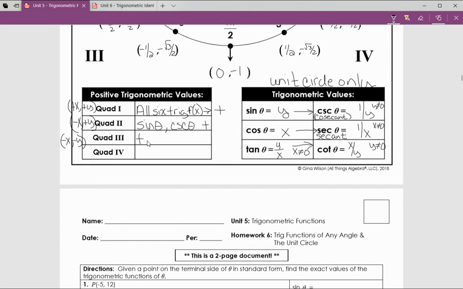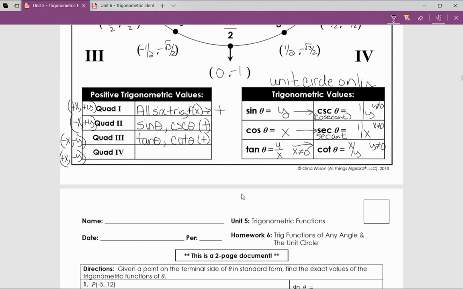So in quadrant 3, tangent and cotangent always have positive answers. The other 4 functions, I apologize, that are not tangent and cotangent will be negative.